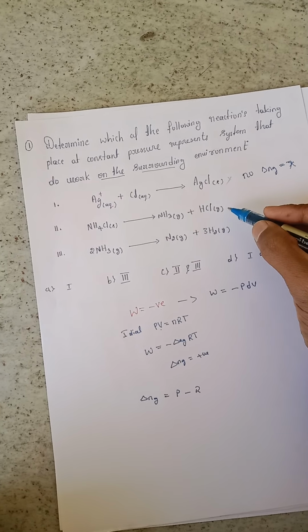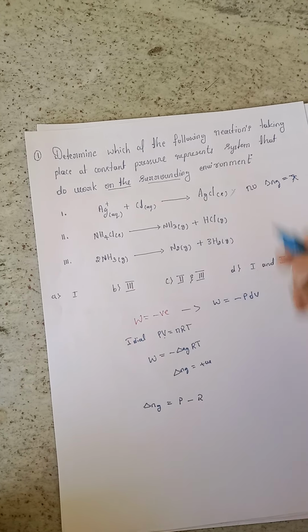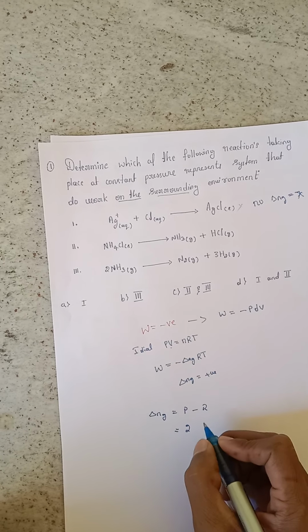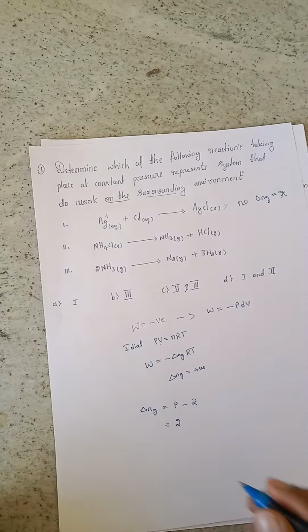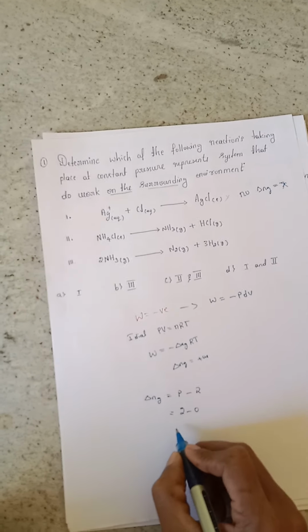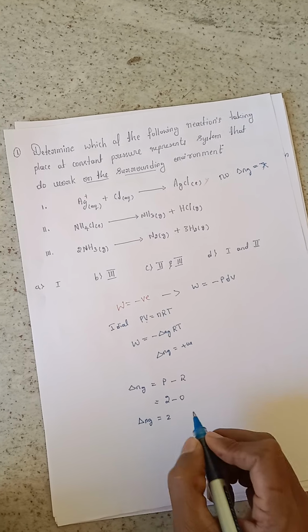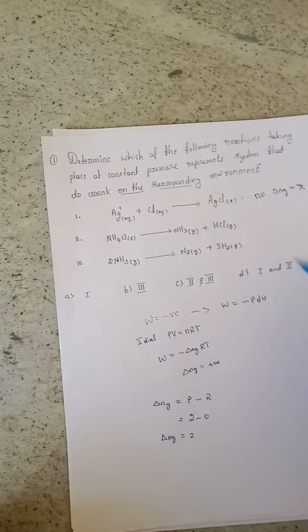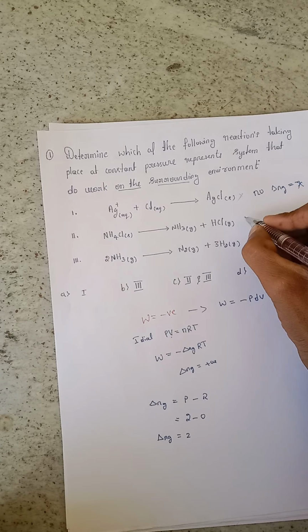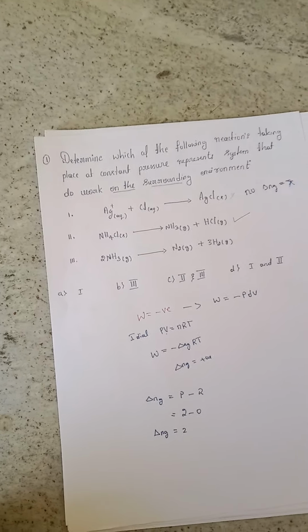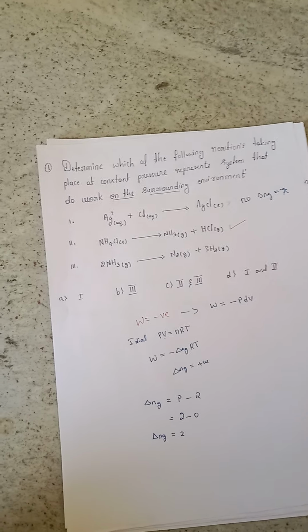In the second equation, the product molecules are 2 and in the reactant there are no gaseous molecules, hence 0. Total delta ng is equal to 2. So this gives negative work done.